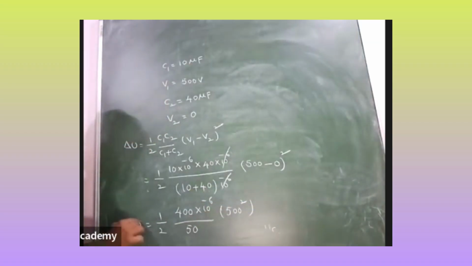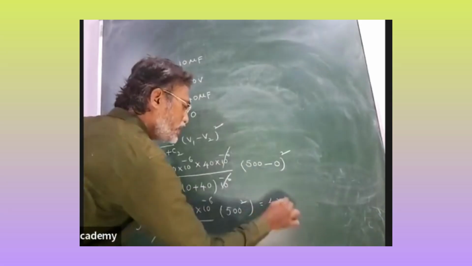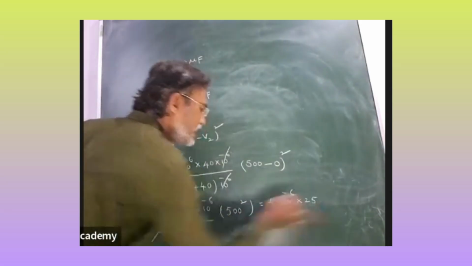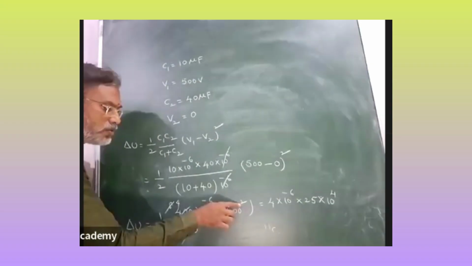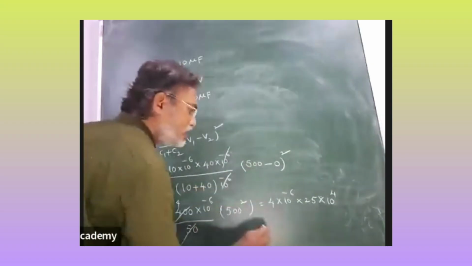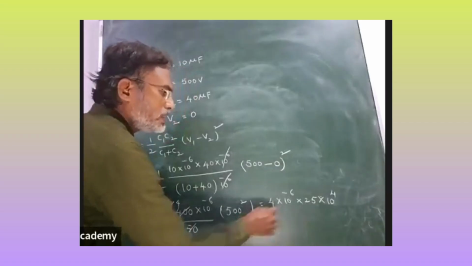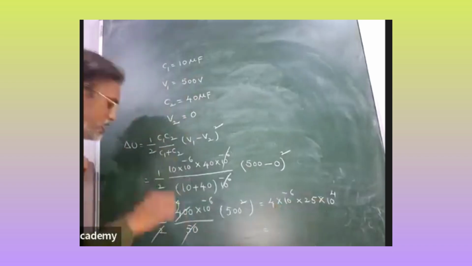Then delta U equals 4 into 10 power minus 6, 5 square is 25, and 25 fours are again 100, 10 square, whole square, 10 power 4, 10 power 6 and 10 power minus 6 get cancelled.